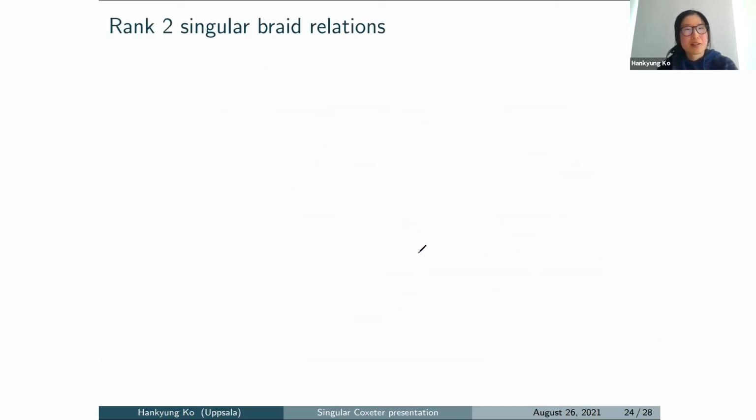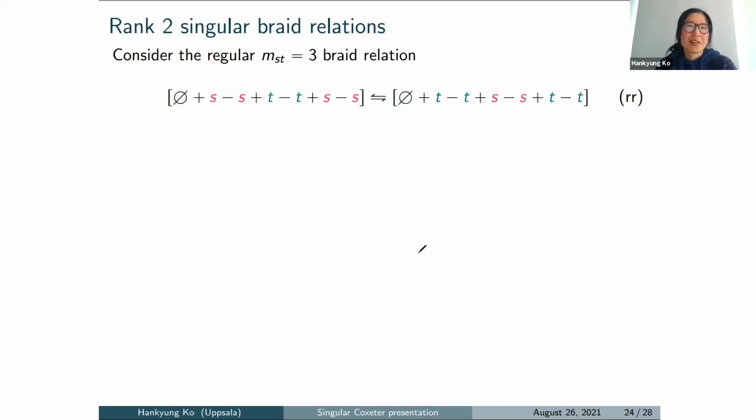Okay, so I want to repeat some of the things I said in the first part of the talk, related to this singular presentation. So consider this braid relation with 3 elements on both sides.